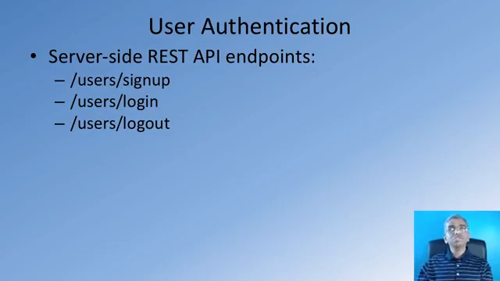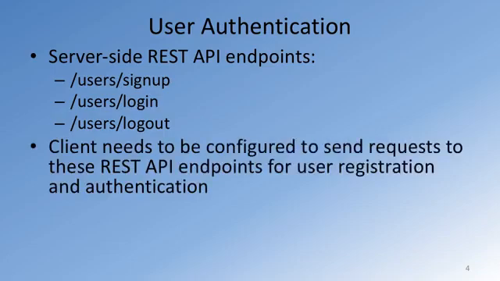Now, when the user is authenticated on the server side successfully, then the reply message coming from the server side will include the JSON Web Token in the reply body. So on the client side, we should be able to extract this token and then use it subsequently.